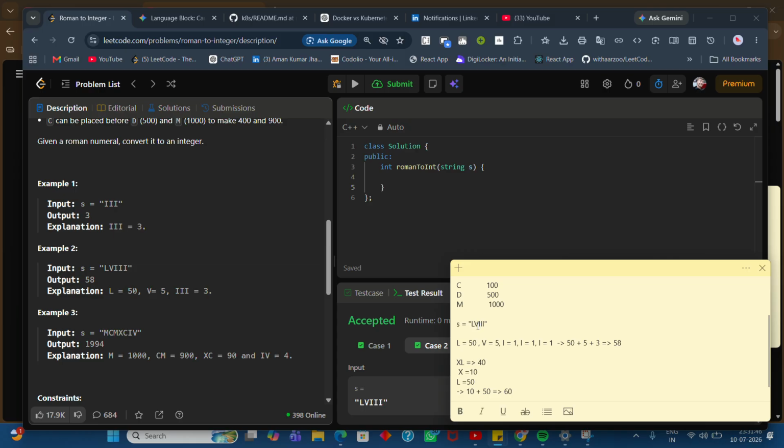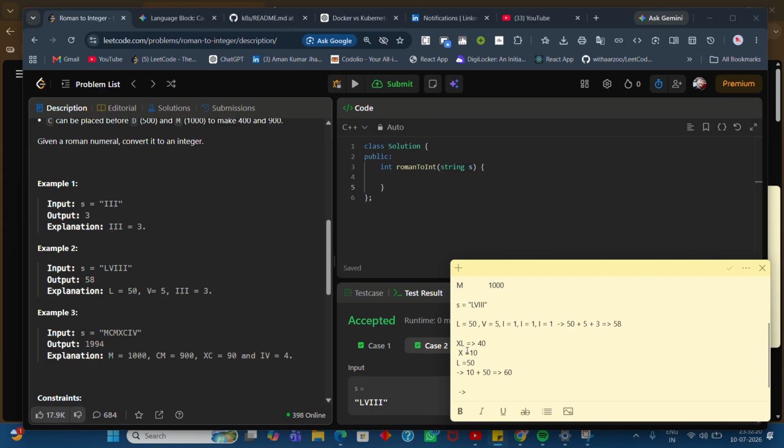So we are getting one point: when the left side value is greater than the right side value, we simply consider all these, iterate and add. But in this condition, the left value is smaller than the right value. Here you can see X is 10, the left value, and the right value L is 50, which is greater than X. So in this case we have to add one condition.